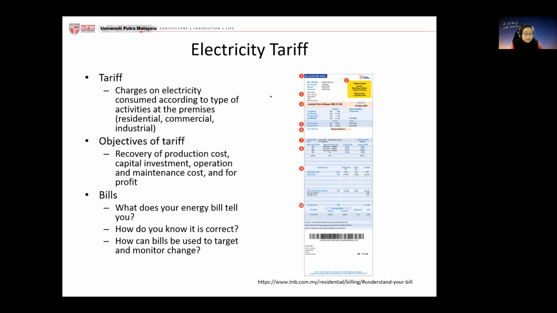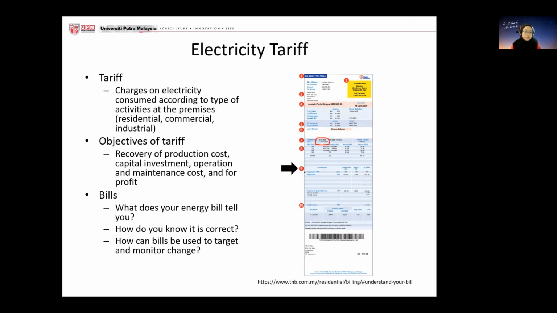So if you look at your bill, ask yourself: what does your energy bill tell you? How do you know it's correct? And lastly, how can bills be used to target and monitor change? Those are the questions. Number 7 here is the type of customer you are. In this case, kediaman is residential, so that tells you which tariff is applicable.